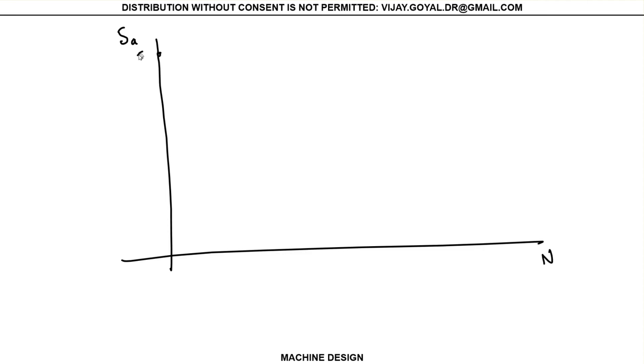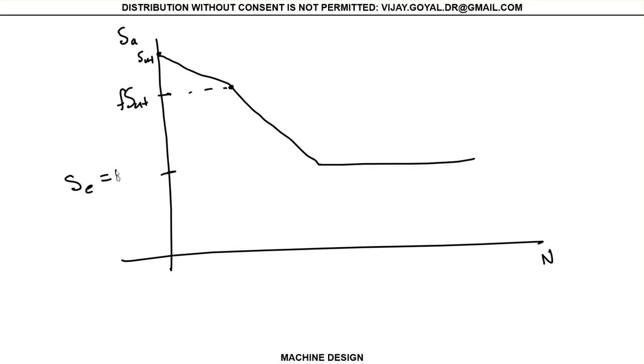So I start at ultimate, and I want to see what my f is. I have right here f times ultimate. Then you go here, and this is actually Se that we found, equal to 15.8 KSI.